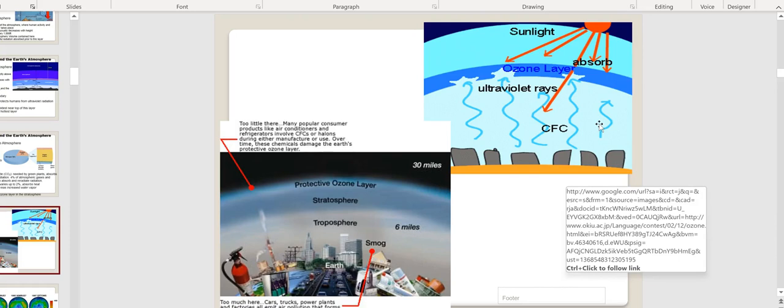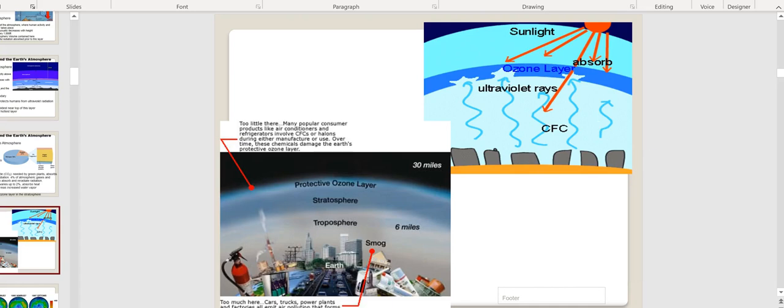So before the days of air conditioning and refrigerators and things like that, we used, for example, big blocks of ice to cool down our milk, and we had swamp coolers before air conditioners. Well, CFCs, these chlorofluorocarbons, were created and they were very handy in helping us create refrigerant. CFCs are refrigerants.